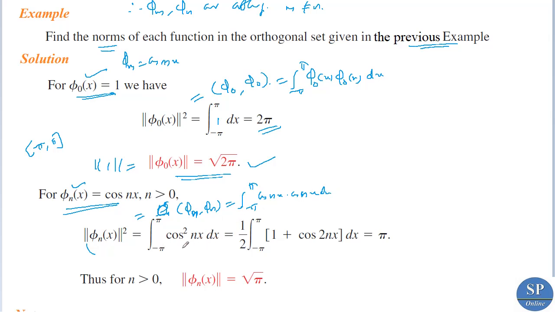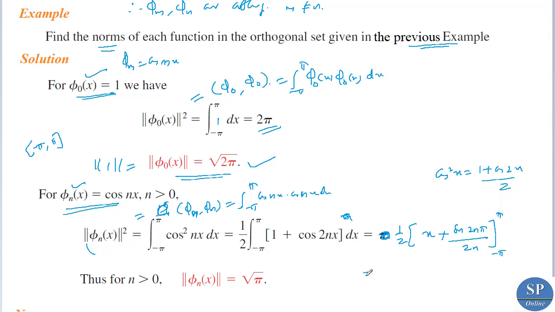We have cos square x is equal to 1 plus cos 2x divided by 2, so replacing that we get cos square nx is equal to 1 plus cos 2nx divided by 2. So this is equal to 1 by 2 into, on integration, x plus the integral of cos 2nx, which is sin 2nx divided by 2n, from minus pi to pi.